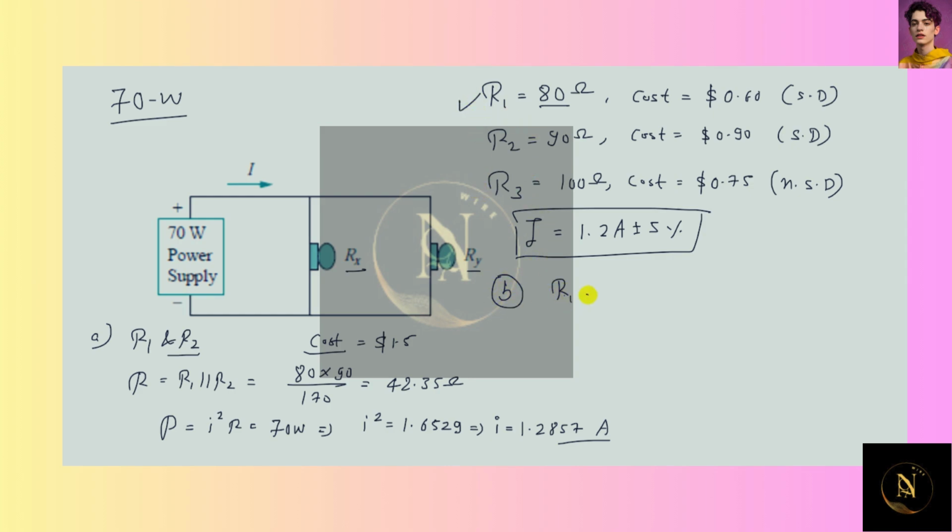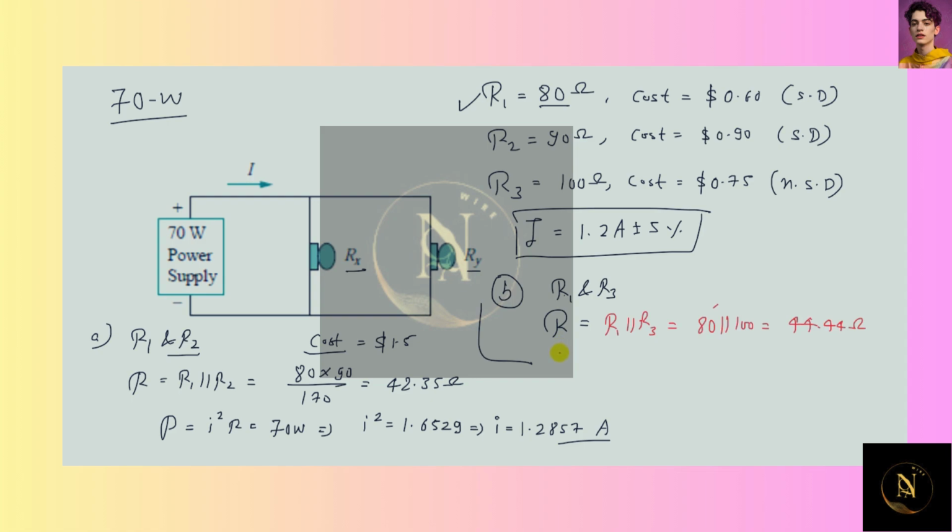R1 parallel with R3, 80 ohm parallel with 100 ohm, gives you 44.44 ohm resistance.